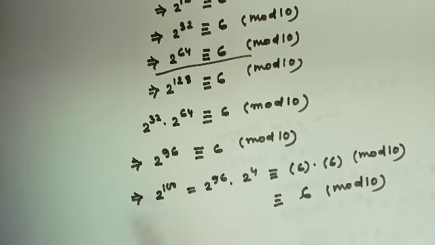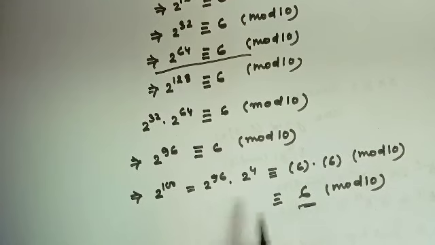This is the last digit of 2 to the power 100: 6. That means the answer will be 6.